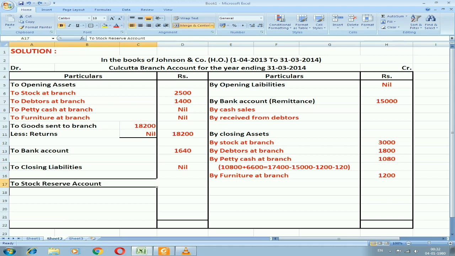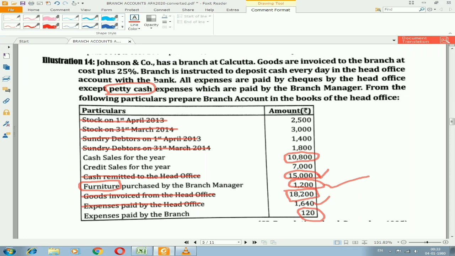So next, the main thing, we need to record stock reserve account on the debit side. So on the debit side, whatever the stock which is opened on the credit side, that is closing stock, we have stock at branch, the closing stock, and also we need to remember the percentage they have given.